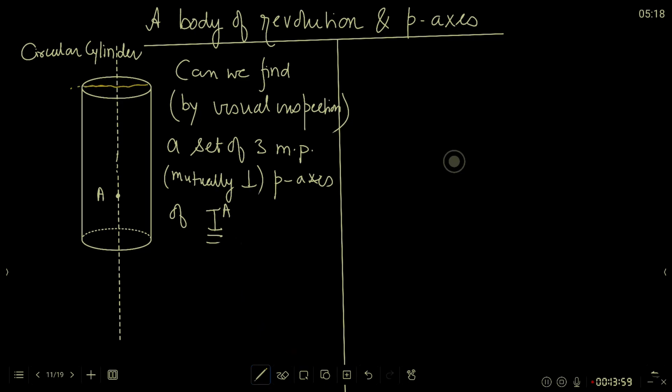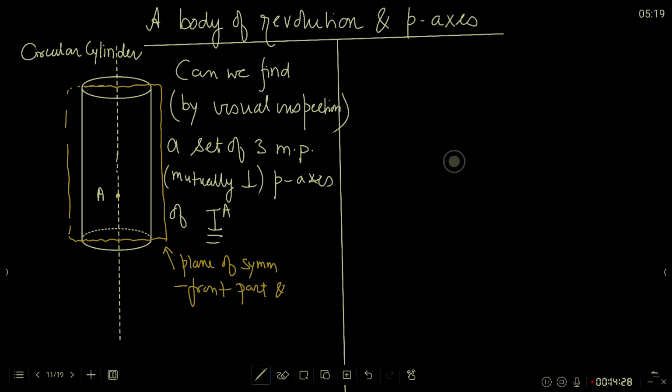This plane of symmetry is dividing the cylinder into two parts, front part and the back part. I hope you can visualize, not that difficult. Plane of symmetry, front part and rear part.